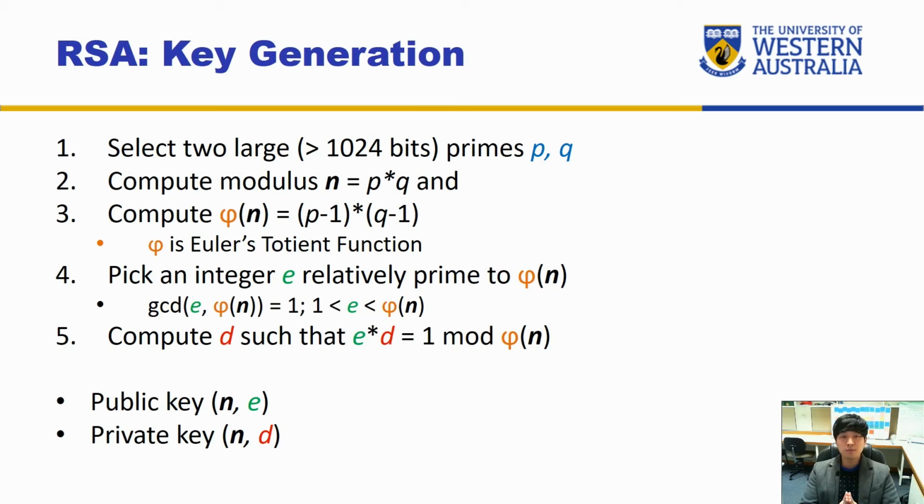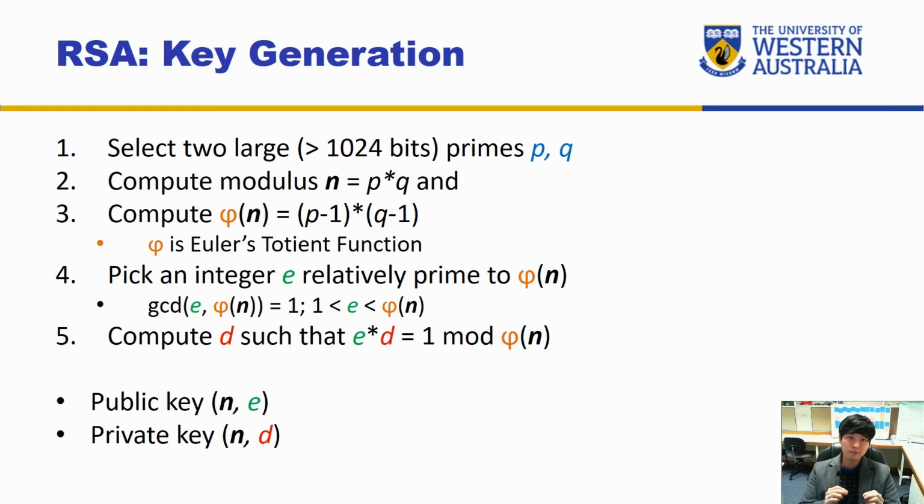Once we have selected P and Q, we can find the product value n. And this n is going to be our modulus value. Using P and Q, we also compute Euler's totient function of n. Basically, it's P minus 1 multiplied by Q minus 1. Once we computed phi n, we pick an integer e, which is relatively prime to phi n.